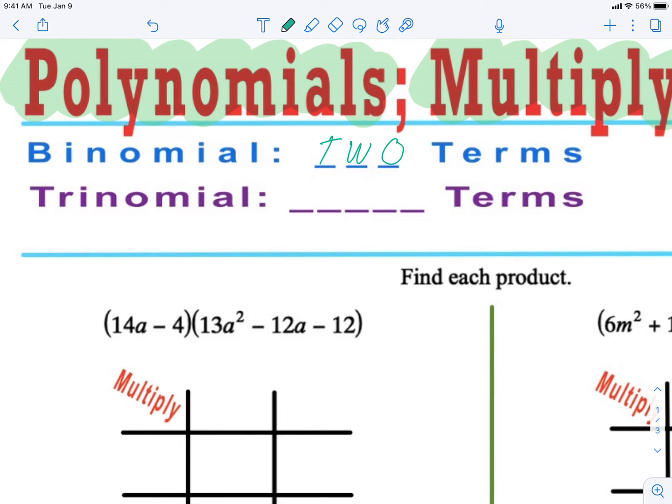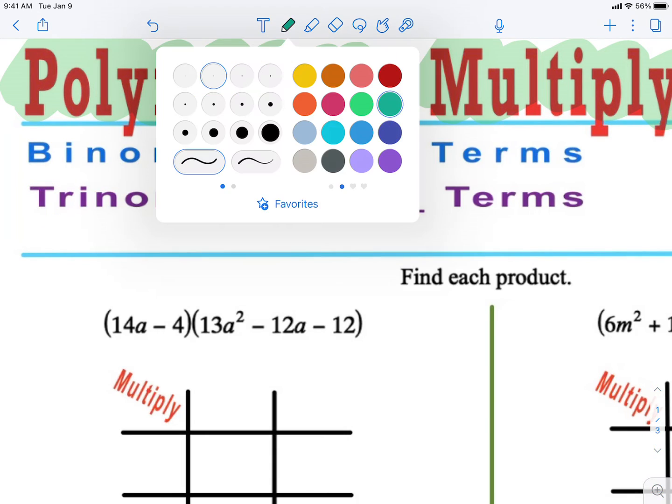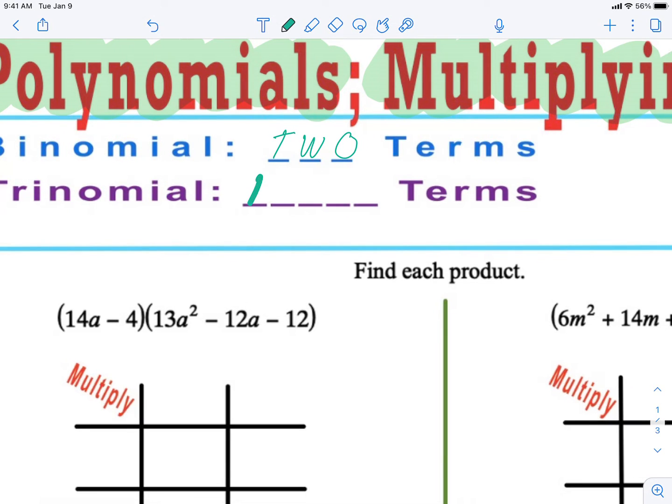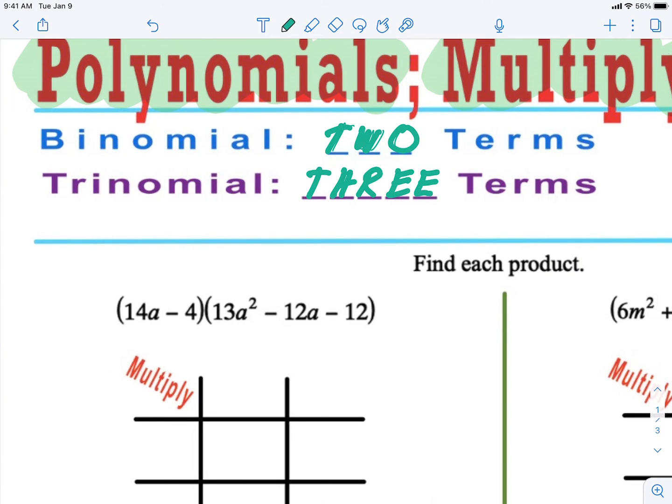And we also learned about a trinomial. A trinomial is when a parentheses has three terms. So binomial means two terms. Trinomial means three terms.